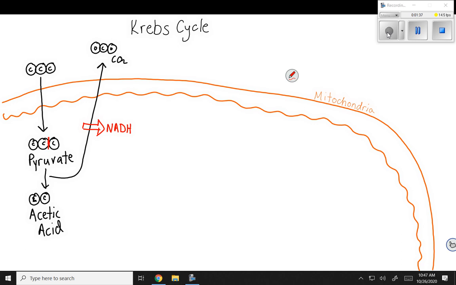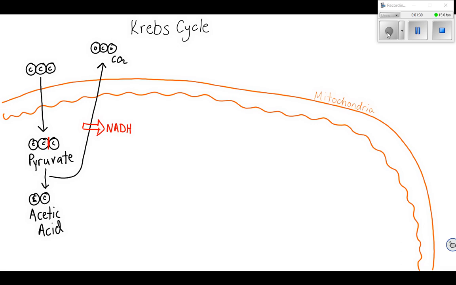Okay, now let's keep on following this acetic acid through the matrix of the mitochondria. Next, acetic acid is going to combine with a molecule called coenzyme A. I'm not going to draw its structure, I'm just going to draw a little rectangle. So coenzyme A. And then that gives us a compound called acetyl-CoA.